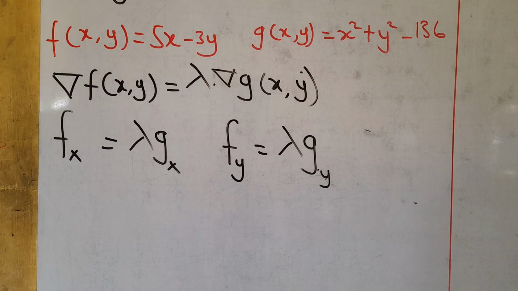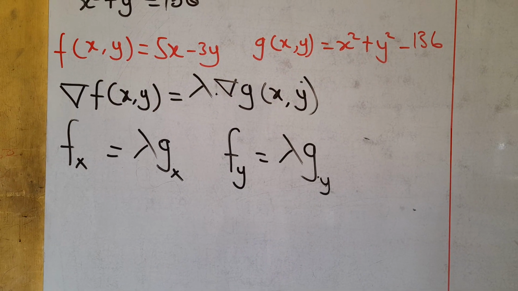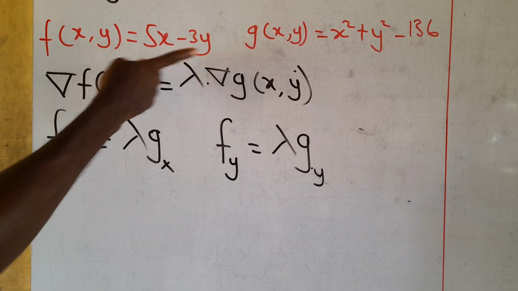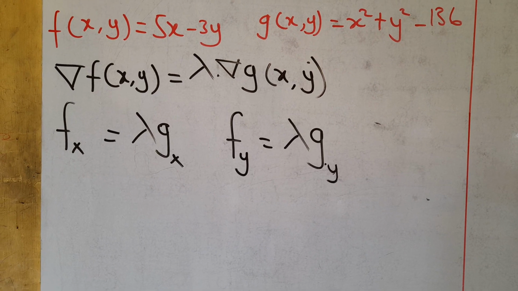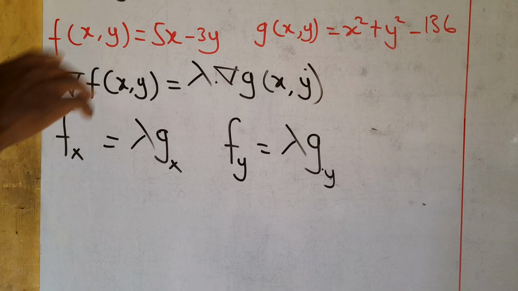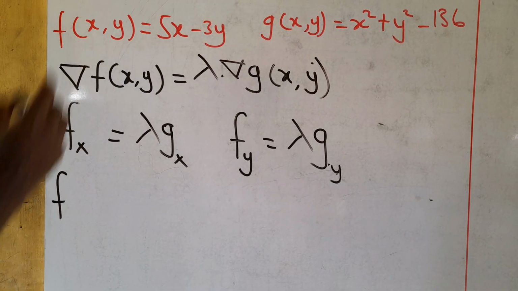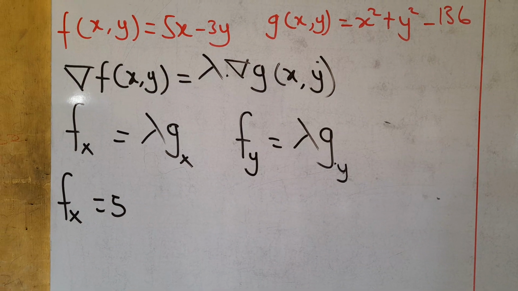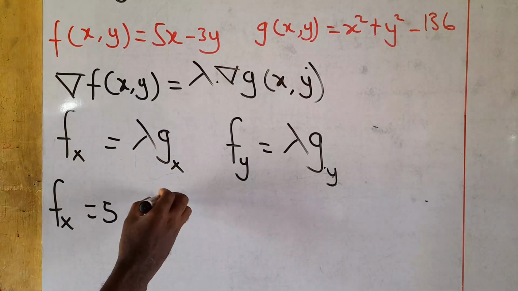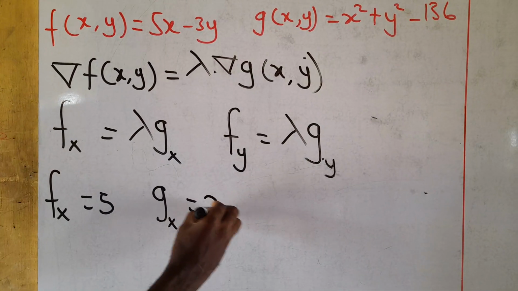So, we know that our f of x, y is 5x minus 3y. So what is the partial differentiation of this function with respect to x? Remember, when we are doing partial differentiation of a function with respect to x, the y will be kept constant. You can say the partial differentiation of this function with respect to x will be equal to 5. Then the partial differentiation of the function g with respect to x will have 2x.